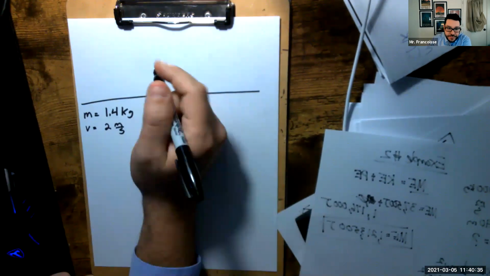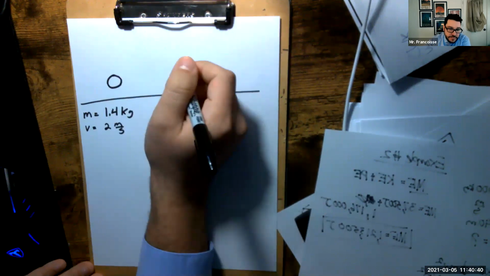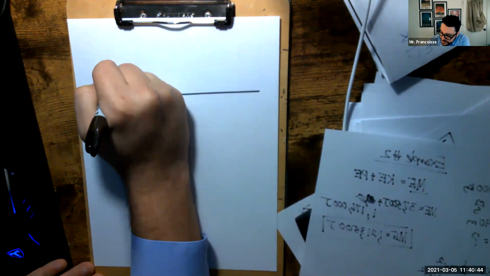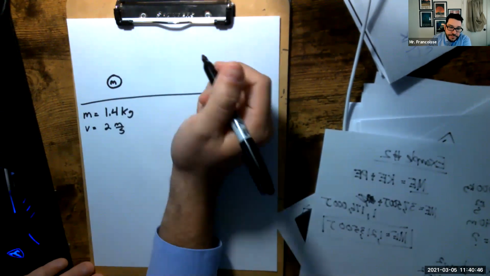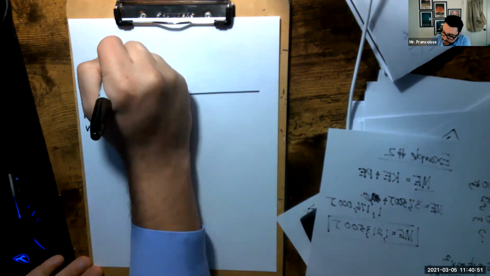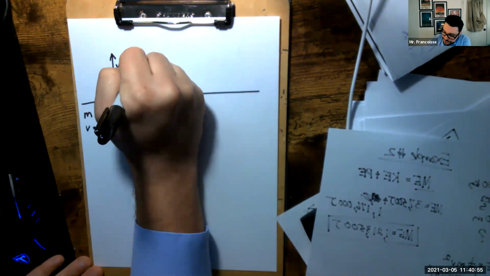So let's look at it this way. We have some ball with a mass m. And this ball is going to be thrown up with a velocity, and we know it's 2 meters per second.